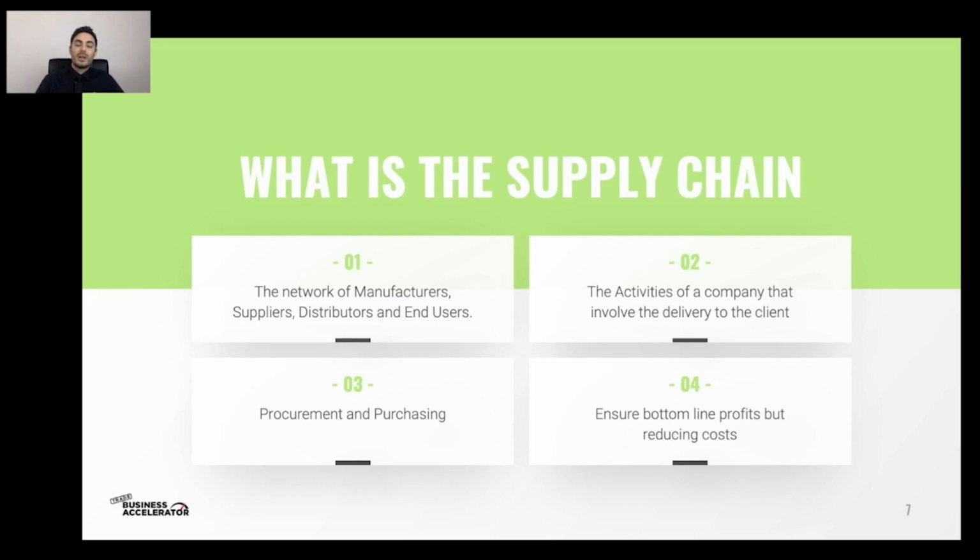Number three, within all basic supply chains, procurement and purchasing are a huge part of the supply chain and of ensuring efficiency. For our industry, in the construction and trade industry, procurement and purchasing is a huge part of what we do.